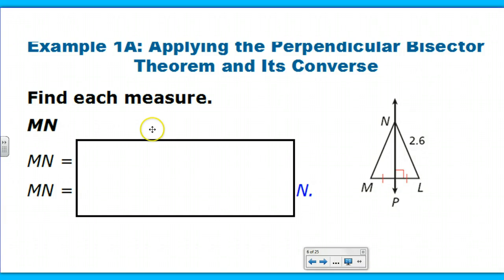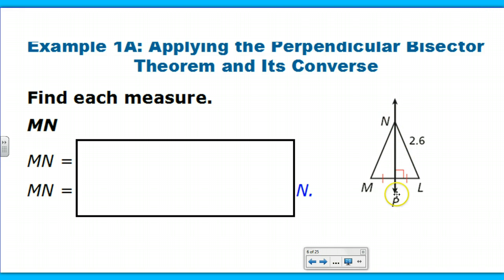We are to find the given measure, MN. What is the length of MN? Well, MN is a segment that is created by taking the endpoint of ML and going to a point N out here on this line.